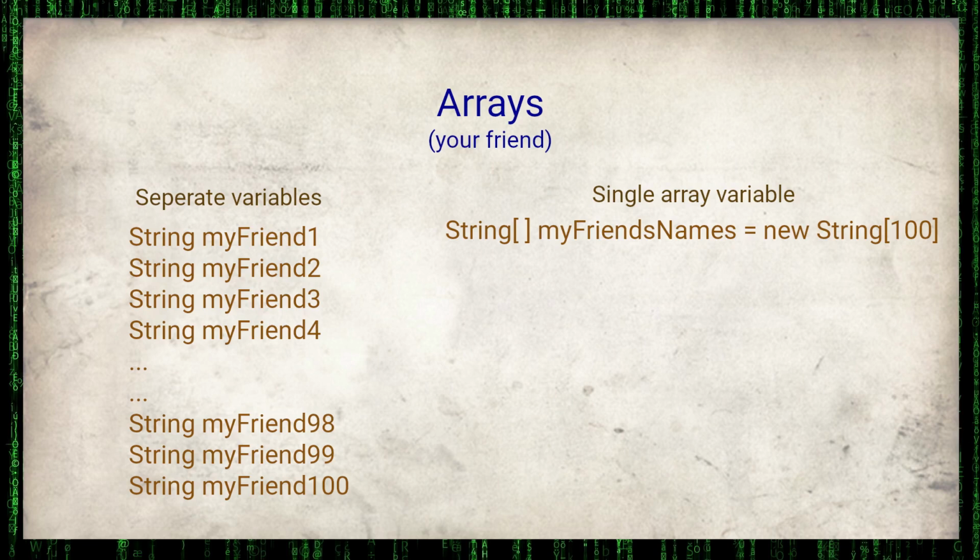You can capture them one at a time, or read them out of a text file, or read Twitter and pull them all out, and somehow you get a list of 100 names of your friends. Now you don't want to create a variable for each friend, so you'd have to tell the computer, okay, retrieve these 100 names, or retrieve them one at a time, and for each one of them create a variable called my friend 1, then my friend 2, my friend 3, up to 100. Now you've got these 100 variables. It's unwieldy and it's just impractical.